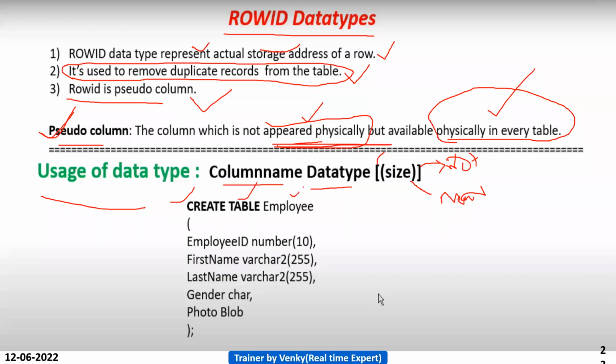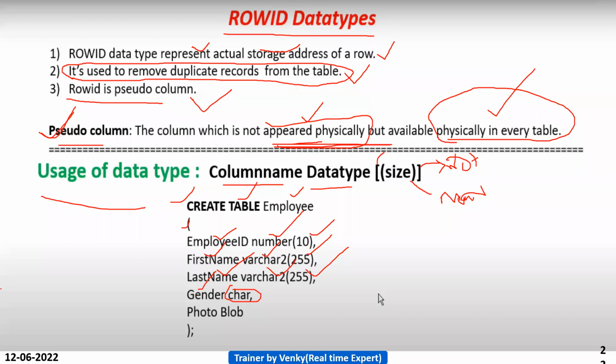CREATE TABLE employee (employee ID NUMBER(10), first name VARCHAR2(255), last name VARCHAR2(255), gender. Why have I declared gender as CHAR, guys?